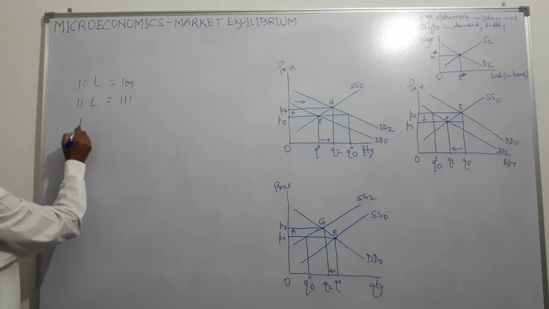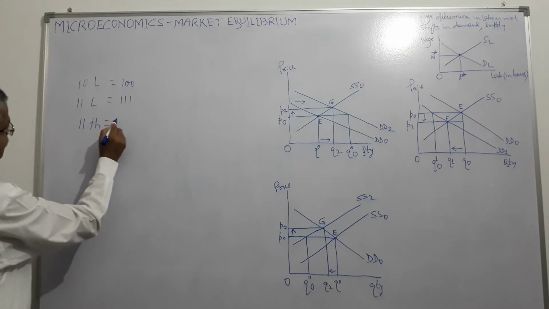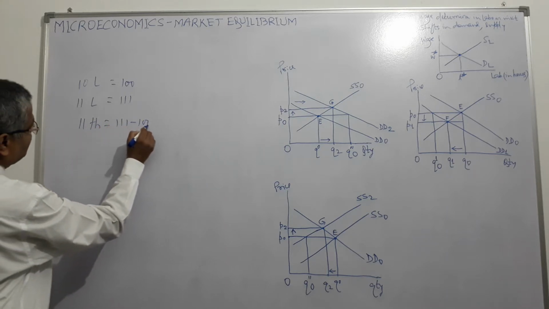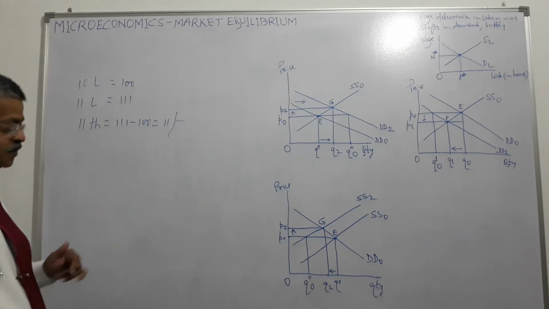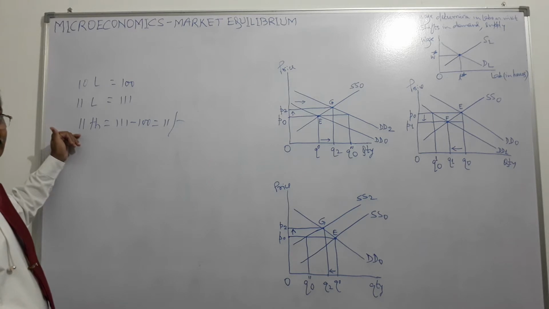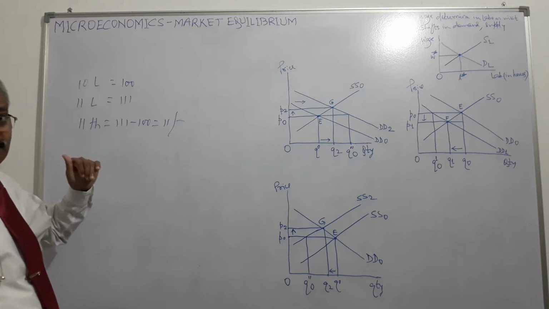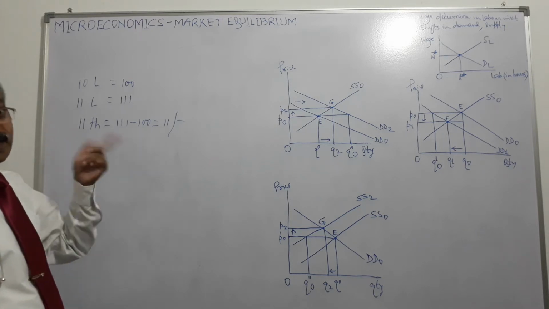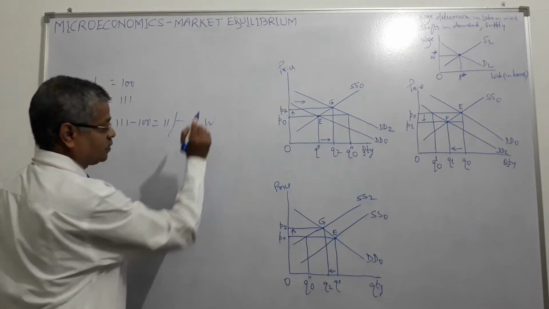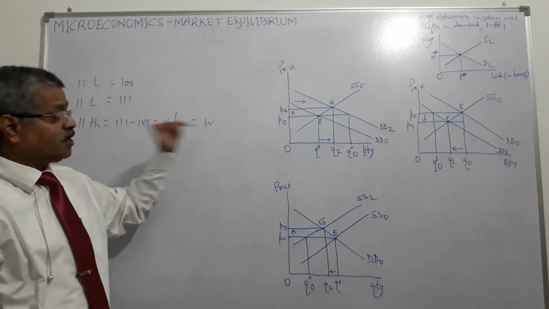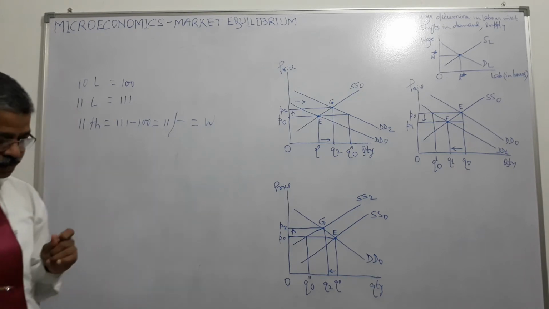It means for the 11th it is 111 minus 100 is equal to 11 rupees, right? So extra cost of hiring one more unit of labor is the wage rate. That is the wage rate denoted by W, right?